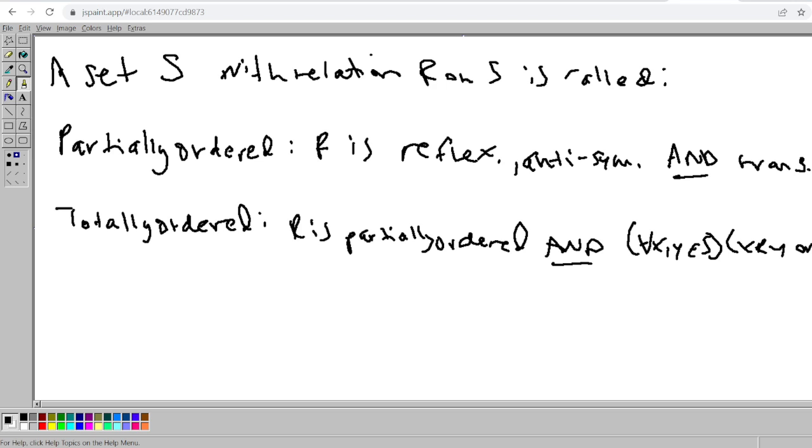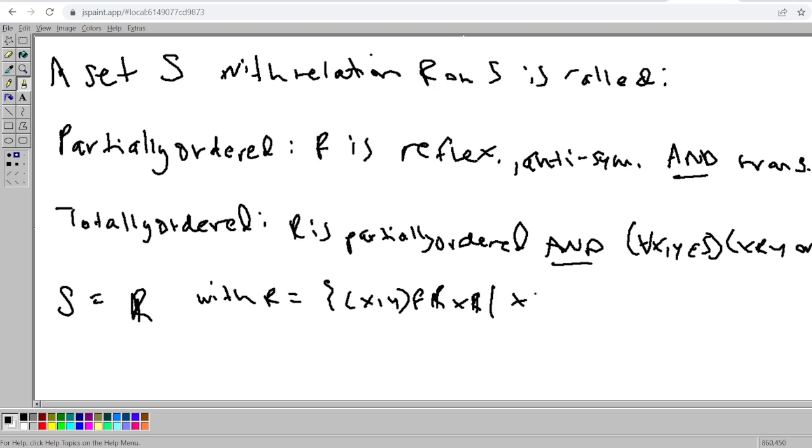So we can do an example. We have S equal to R, the whole real numbers, and we can say r, small r, is the set of x, y in R cross R with the condition that x is less than or equal to y. So we define x related to y by x less than or equal to y.